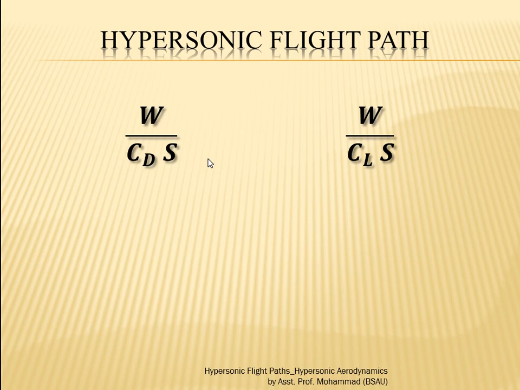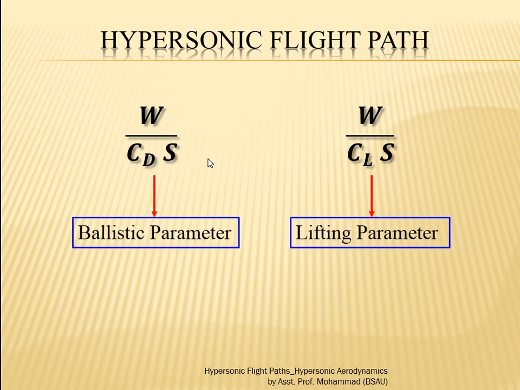By going through these two equations, we find that this is nothing but the ballistic parameter, and this is the lifting parameter. Always remember that the lifting parameter has CL, and the ballistic parameter has CD.